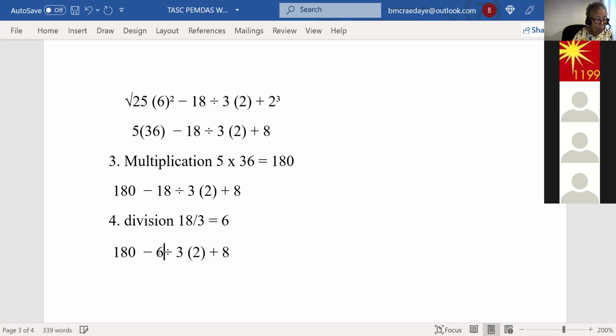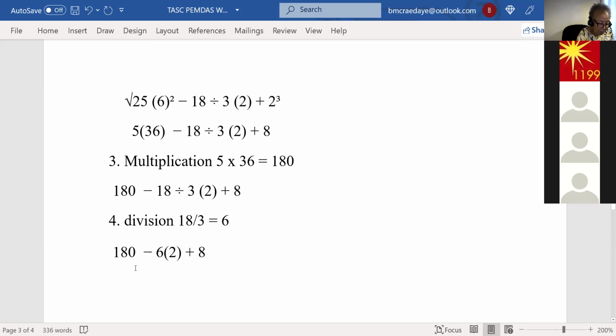And Maureen, what do I do next? What's the next step? The divide, we add? No, you've got a multiplication here. So you've got to multiply 6 by 2.